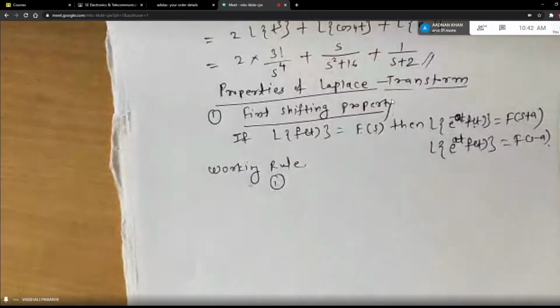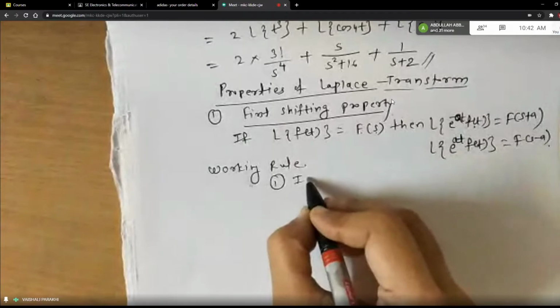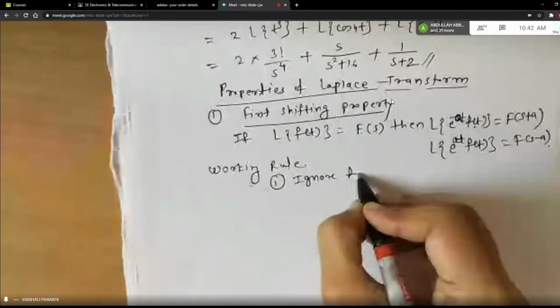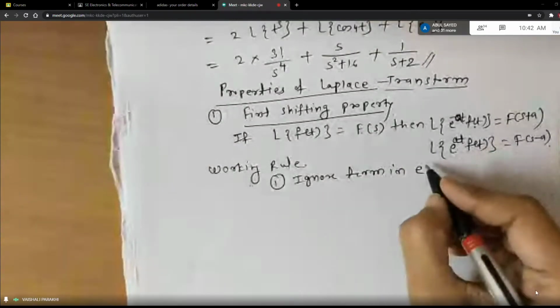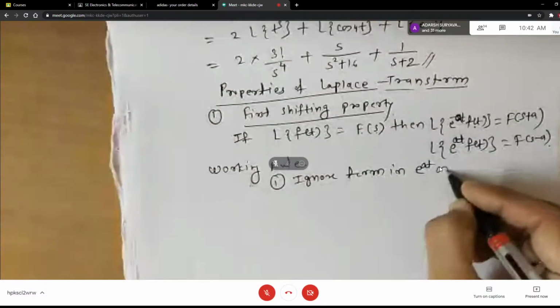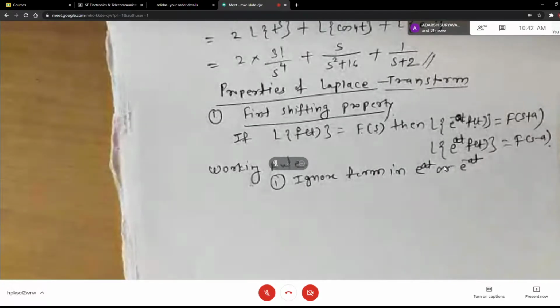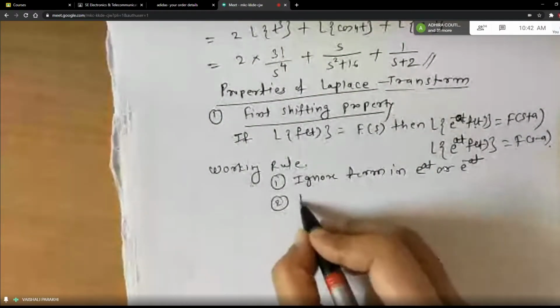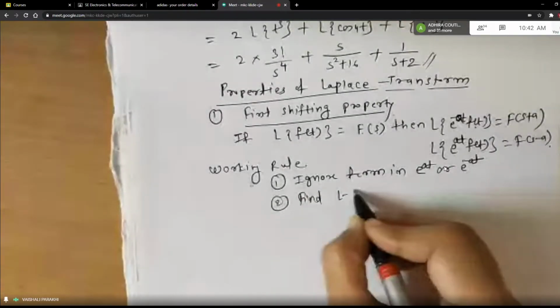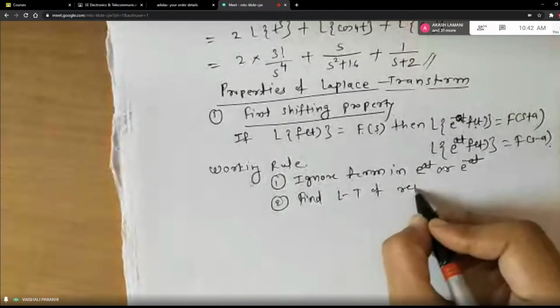First step is you have to ignore the term in e, or you can say term in e raised to at or e raised to minus at. When you ignore this, you have to find out Laplace transform of remaining function.